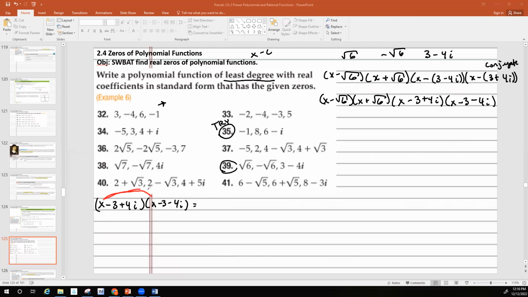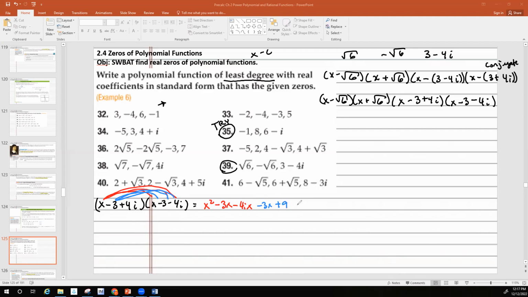So x times x, x times negative 3, x times negative 4i. So I have x squared minus 3x minus 4ix. And negative 3 times x, negative 3 times negative 3, negative 3 times negative 4. So negative 3x, negative 3 times negative 3 is positive 9.